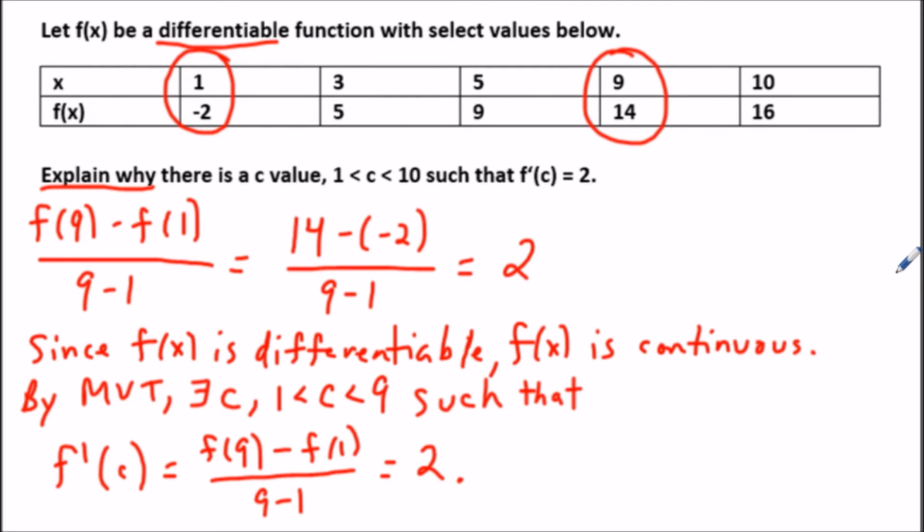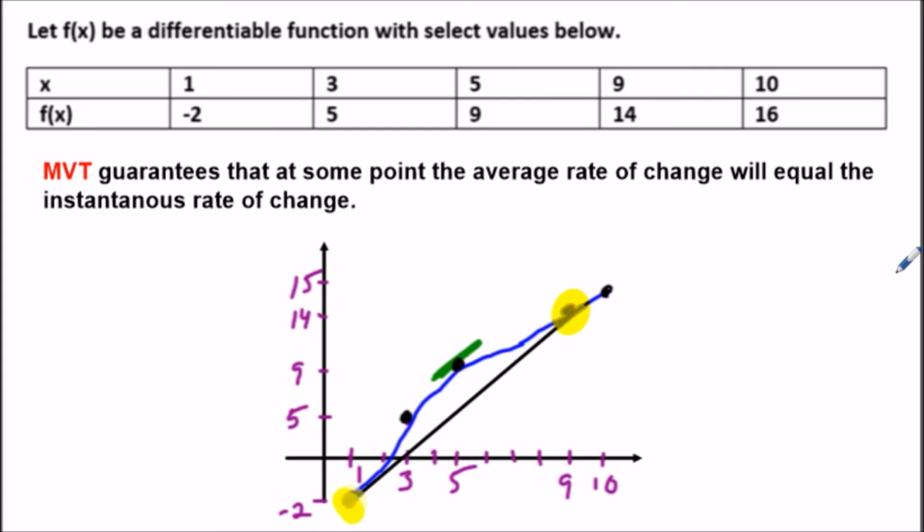Now, just in case this whole process doesn't make sense, here's why it works. If we were to plot every point in this table, and the target points that worked for us were these 2 here, the slope between them, we'll say, is indicated by this line. The slope of this line here in black represents the average rate of change. And since our function is differentiable and continuous, that means we have to connect all the points with a smooth curve.